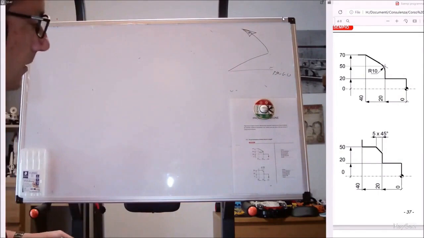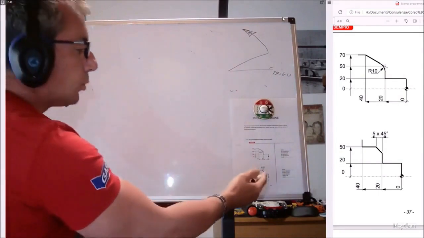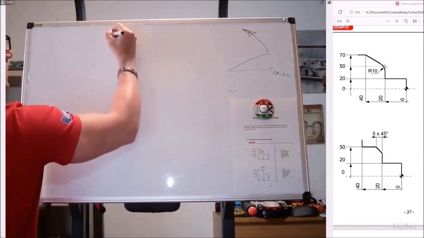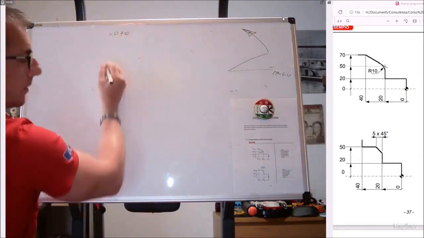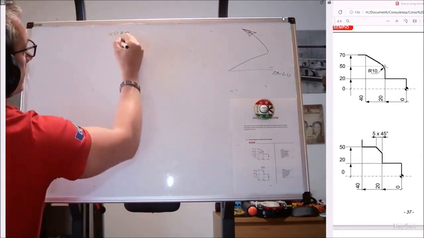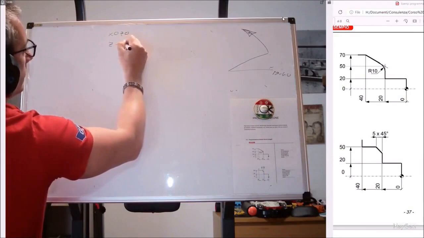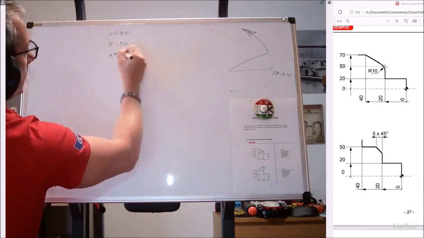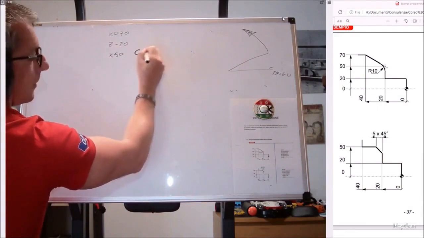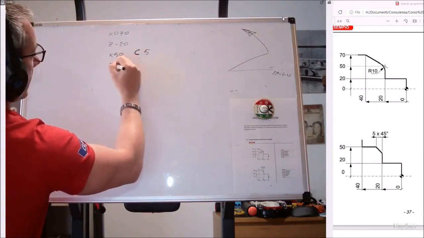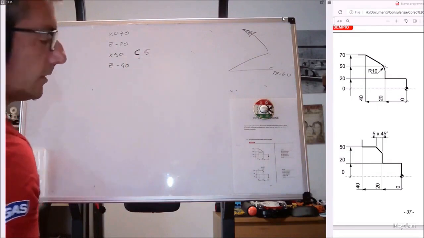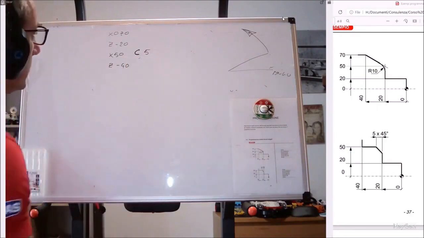The next one is very simple in its design, but it is also smooth and elegant. So instead of using complex methods, we could easily do it point by point, because the coordinates are easily obtainable and straightforward to work with. For example, the coordinates are x0, z0, z20, x50, c5, z40.